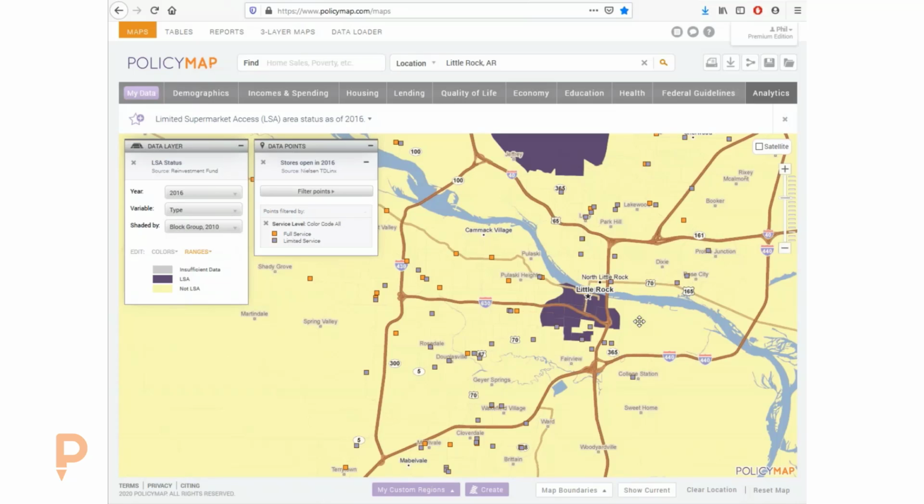Okay. So that was the goal of the LSAs: to identify neighborhoods. It wasn't always about just access to a grocery store, but all the factors that would make them much more dependent on and in need of a grocery store. So we created this fantastic methodology. We published it in 2010.